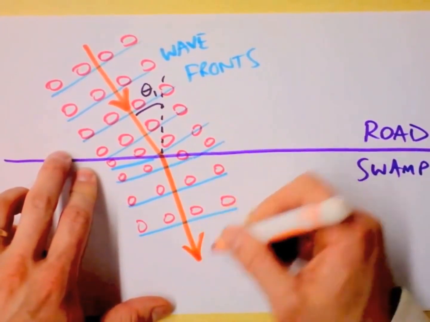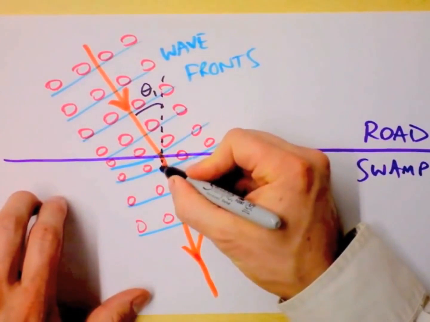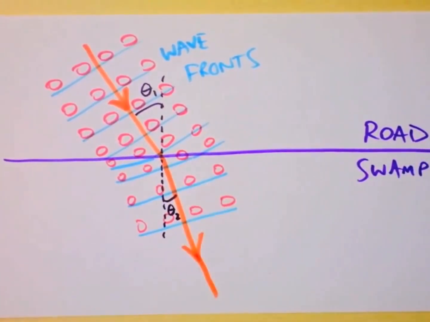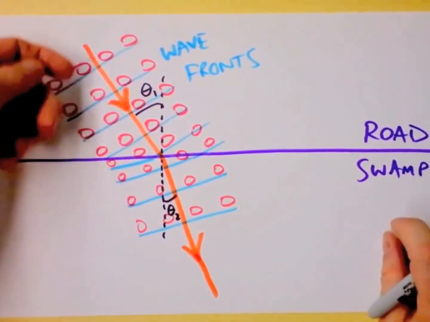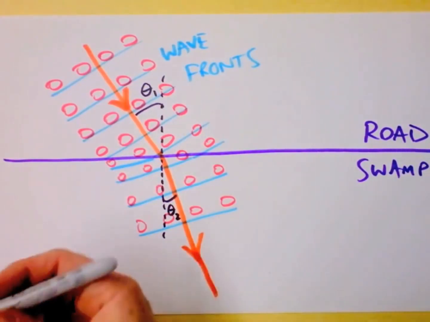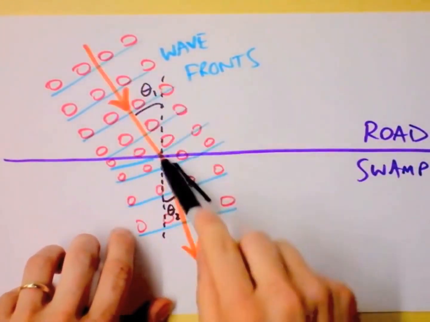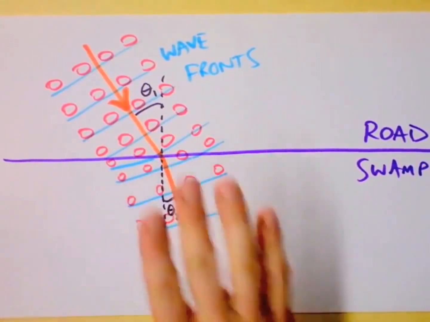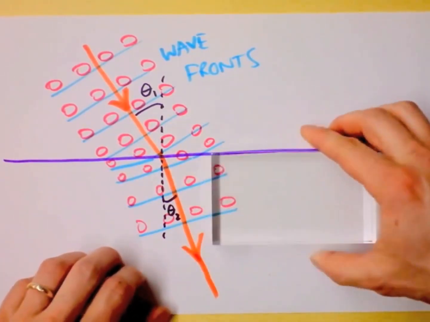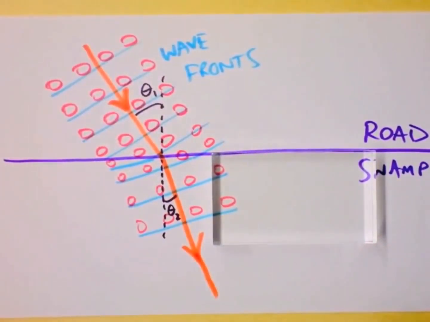The wave will have an angle of incidence and an angle of refraction, and those angles are made, of course, with the normal. So the analogy of marchers, whether they're soldiers or a marching band, going from a road to a swamp is helpful for understanding why light bends, because light bends for a similar reason. The first photons that hit the slow medium are bent, and then the rest catch up so that the whole beam bends.